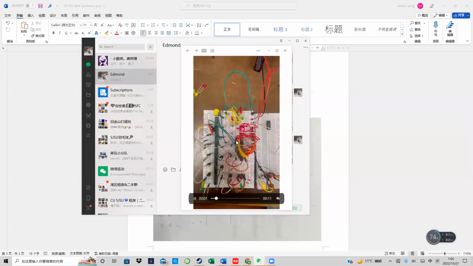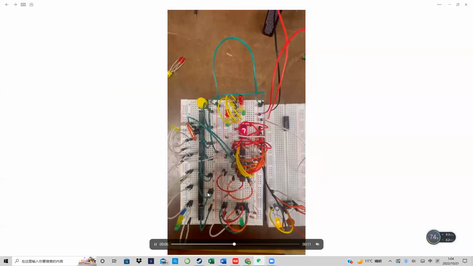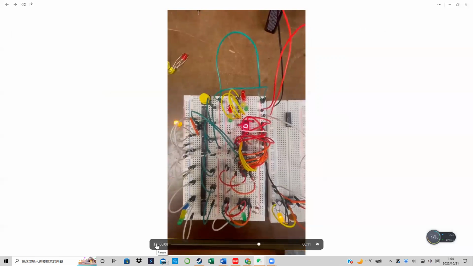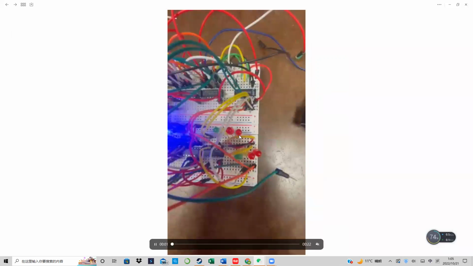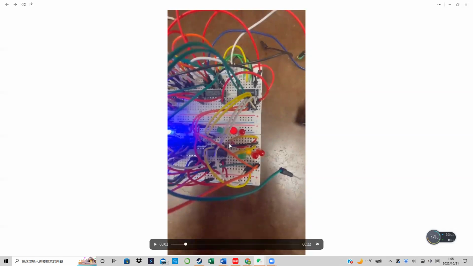Here is the video for the 7 segments, and as we can see, the light right here is on when the counter is at 9, and this node is the counter input. The next picture shows the signal light system.